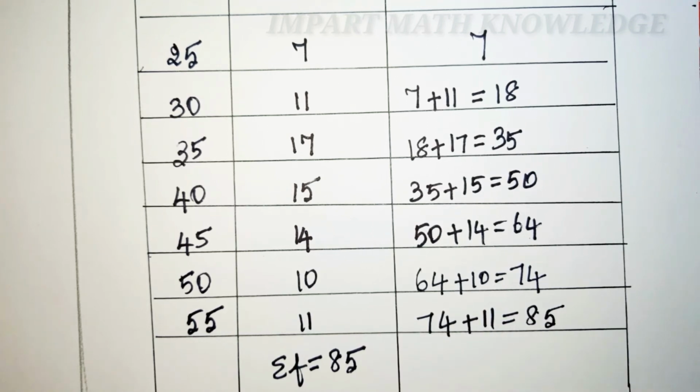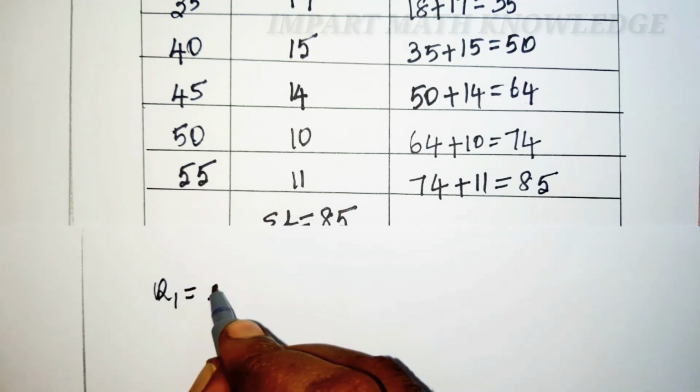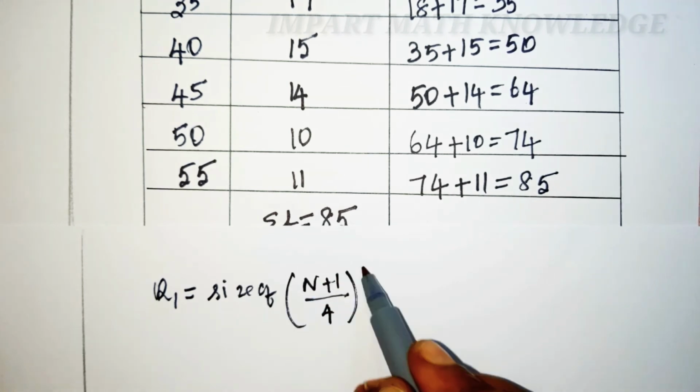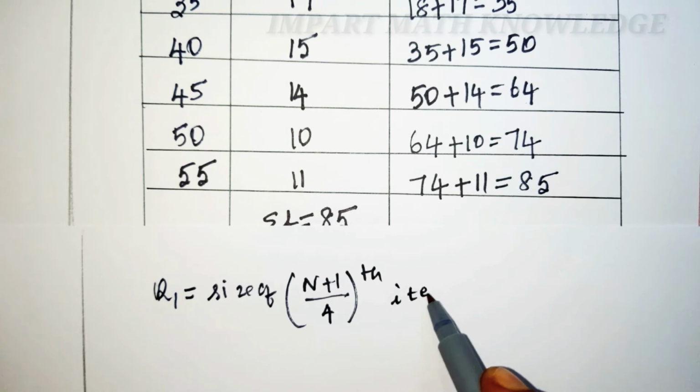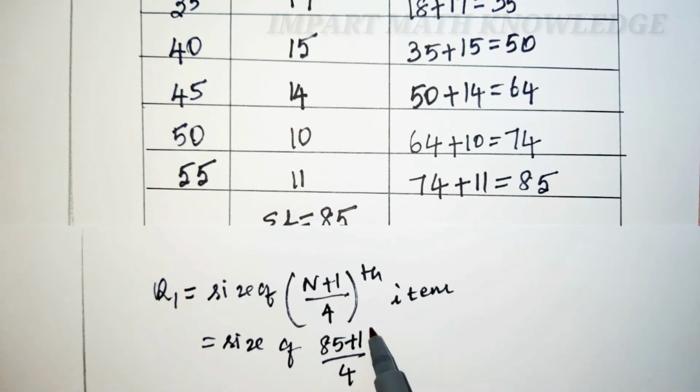Now we have to find lower quartile Q1, upper quartile Q3 and median. Q1 is equal to size of n plus 1 by 4th item. Here n is equal to total frequency, that is size of 85 plus 1 by 4th item.